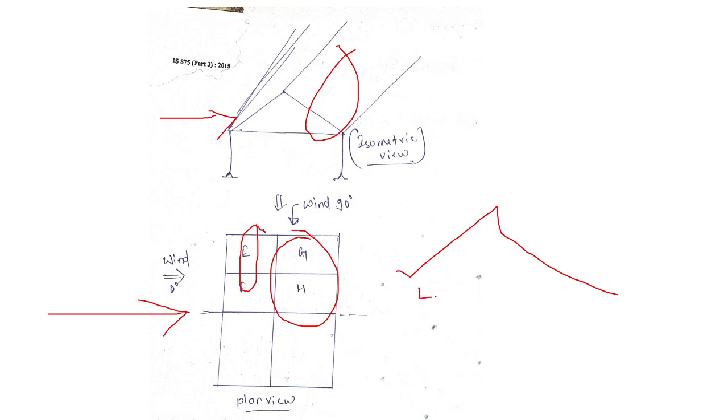Here it will be EF, and similarly here GH. Sorry for my drawing, but it's like this. This is a truss, nothing but.